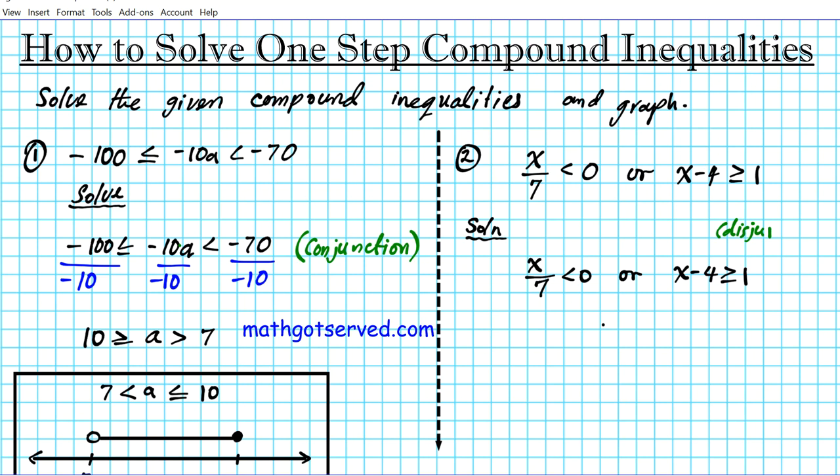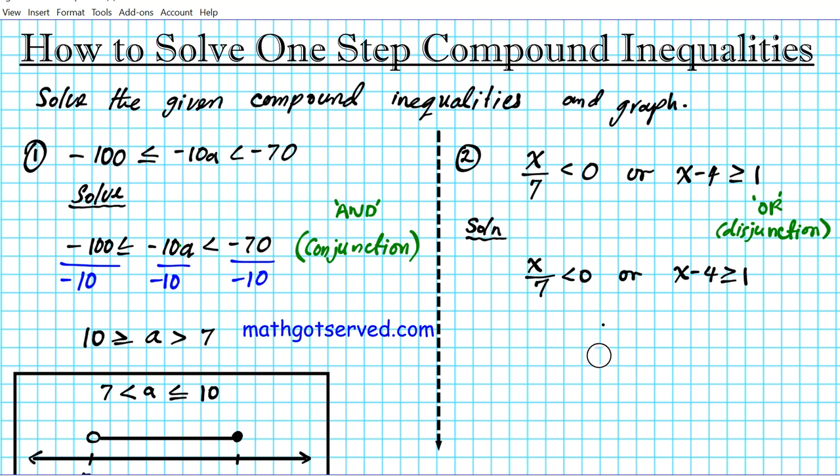For disjunctions, you cannot combine them into a single inequality. When you hear the word or, think about disjunctions, and when you hear the word and, think about a conjunction. A conjunction is a compound inequality with the word and, or an inequality that's in a sandwich format, a three-sided inequality like we have in number 1.